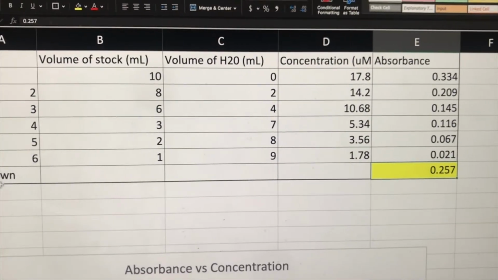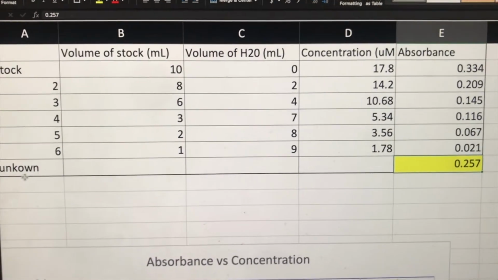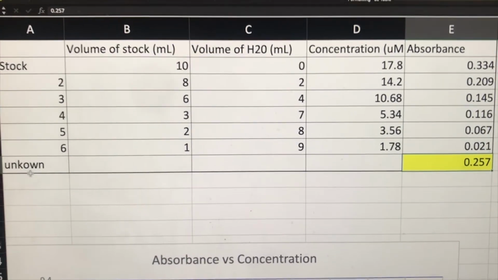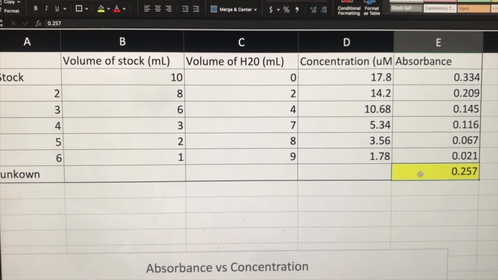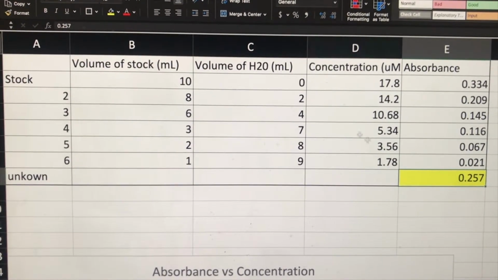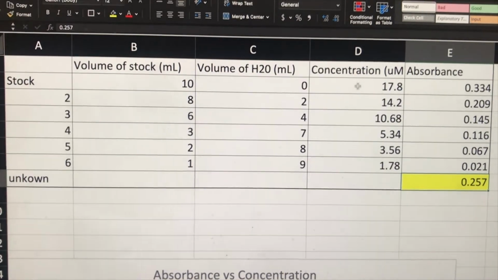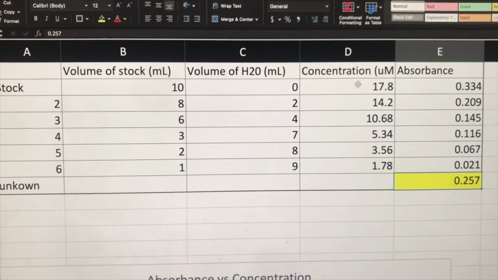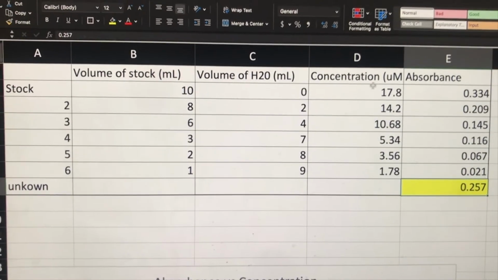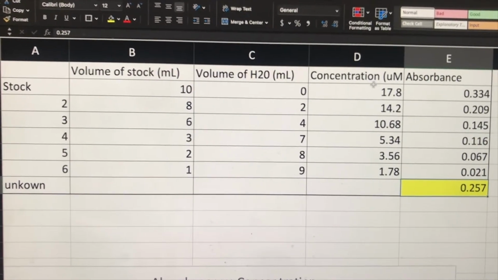of the unknown. We're going to do this by making a graph of the absorbance versus the concentration. And when we make this graph, we're going to have a plot, and then we're going to make a trend line. And we're going to plot the absorbance of our unknown along the trend line to estimate the concentration of our unknown.